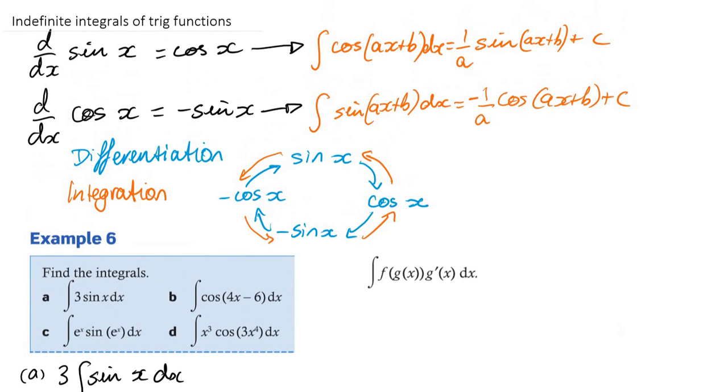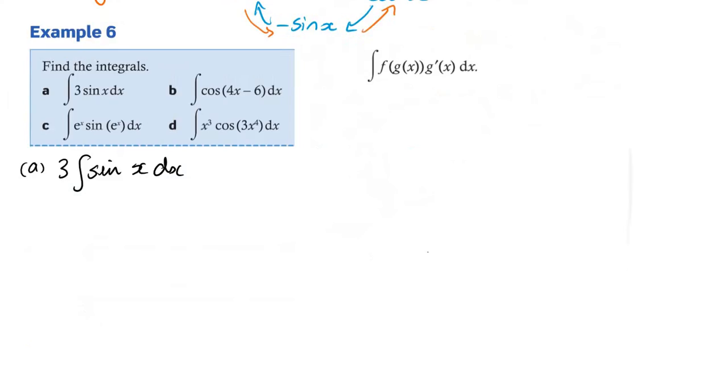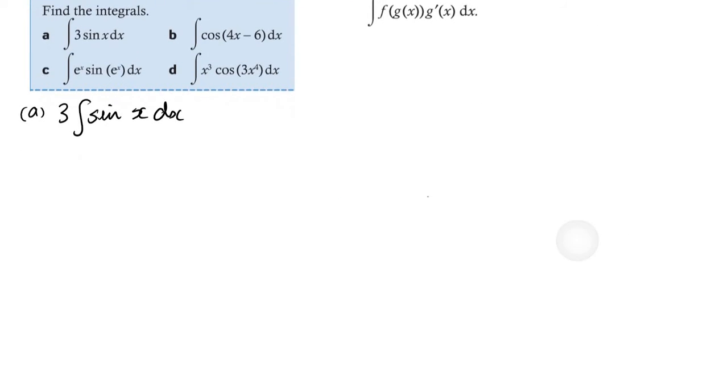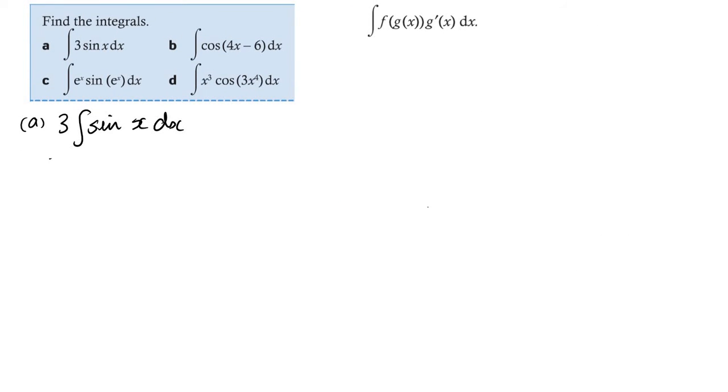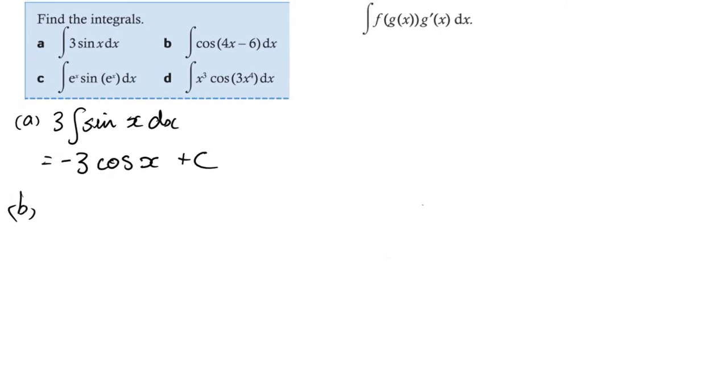Going back to our new rules, the integral of sine of x is negative cos of x. So that would be negative 3 cos of x plus c.